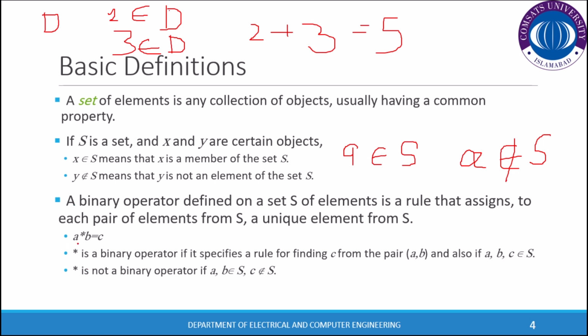For example, if I say that A asterisk B is equal to C, asterisk is a binary operator.